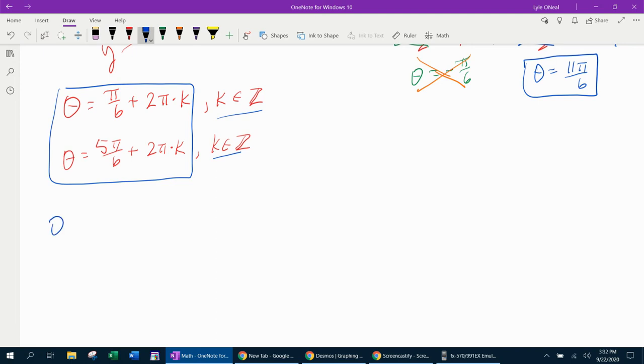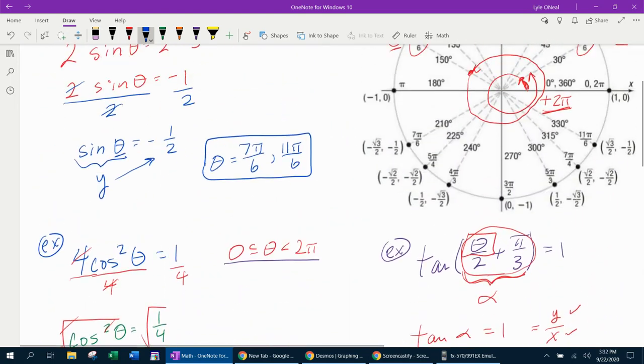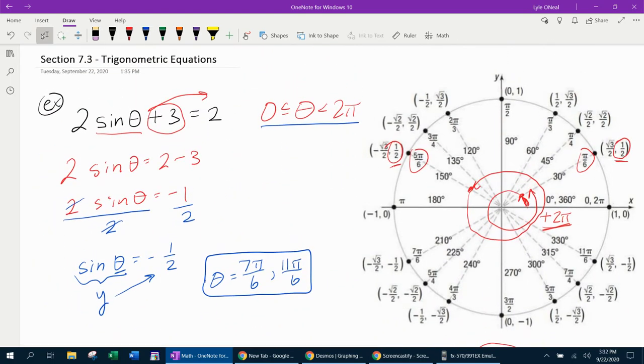Now let's find the first 6 solutions. Well, obviously pi over 6 and 5 pi over 6 are going to be the first 2 solutions, because those are the first 2 angles we get to if we start at 0. If I start at 0 and I go to pi over 6, that's a solution.